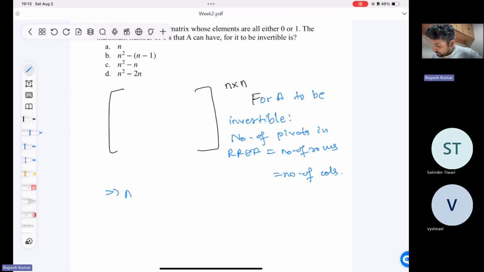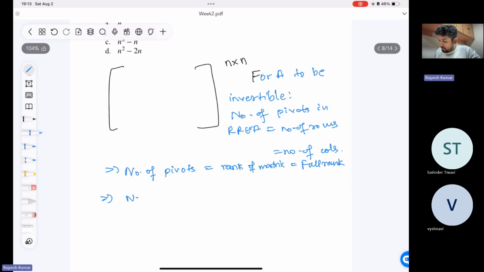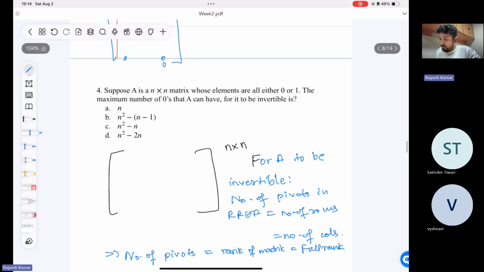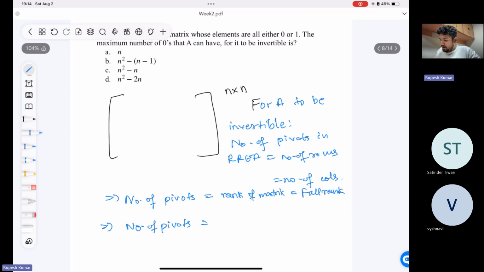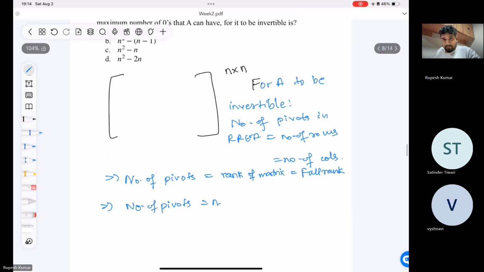And again we know that the number of pivots is equal to the rank of the matrix, right? And for it to be invertible, it should be full rank. A is invertible, so it has to be full rank. And if it's full rank, the rank of the matrix would be n, right? Are we clear on this?